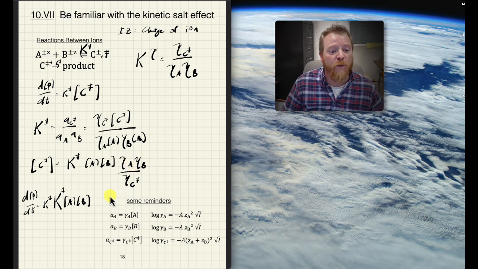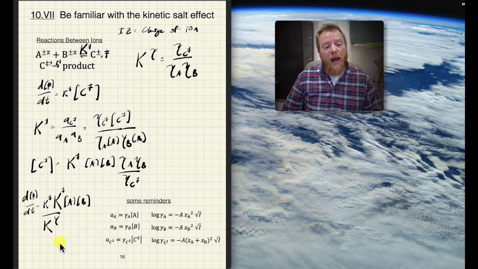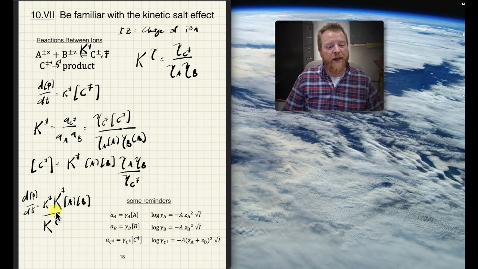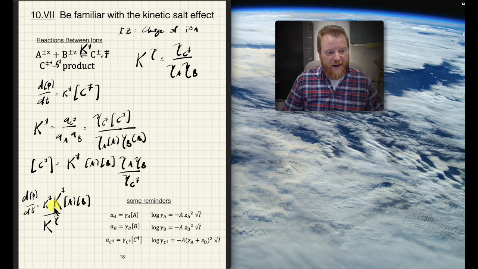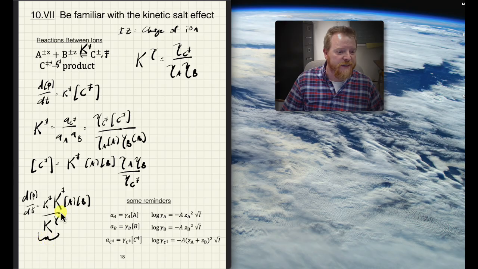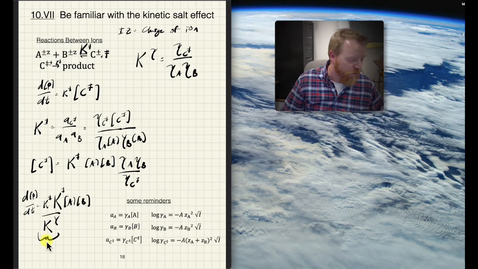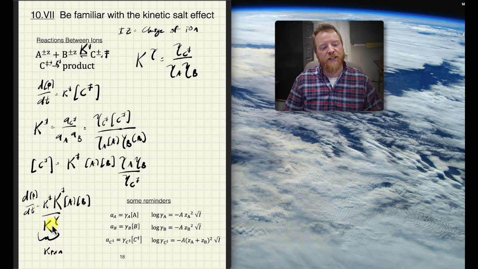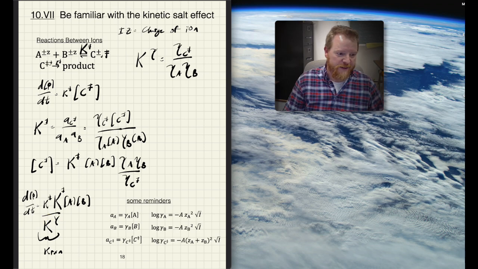I'm going to combine it with our other equilibrium constants and note that that's all divided by K with respect to gamma. So you can see what we end up with here now is dP by dt equals this collection of the rate constant and equilibrium constants multiplied by AB. So what that means is this collection of everything right here, I'm going to call k Rxn. This collection of equilibrium constants becomes our effective rate constant.